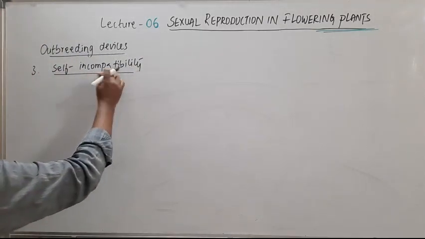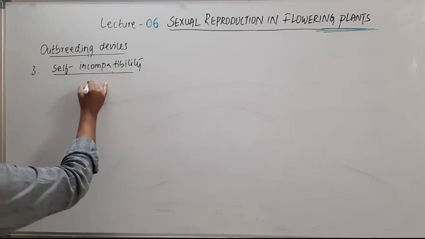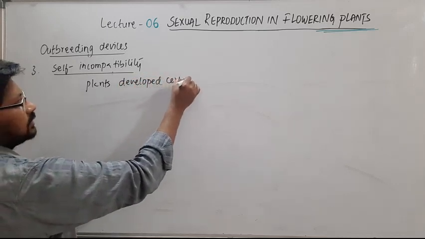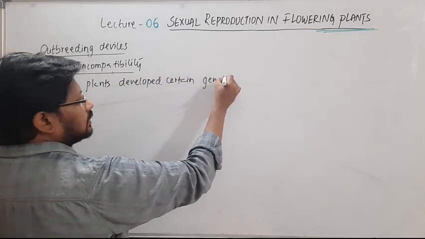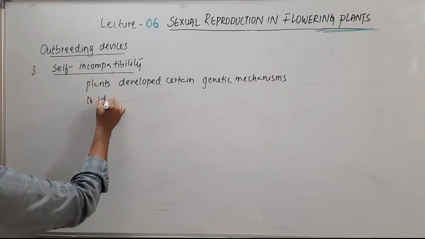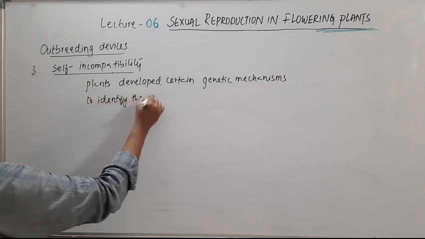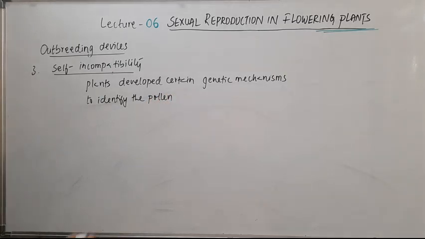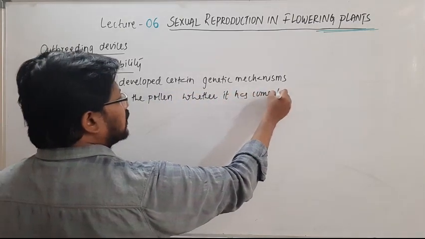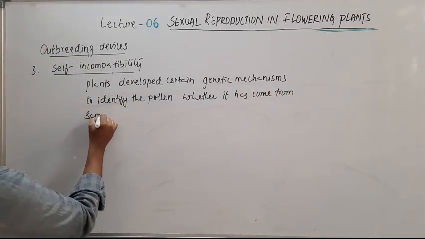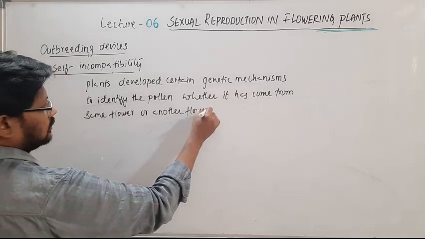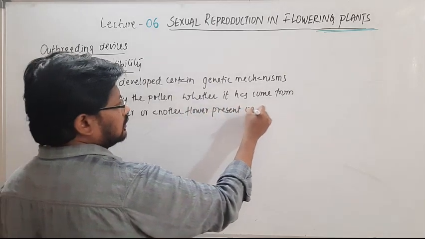So self-incompatibility means plants develop certain genetic mechanisms to identify the pollen, whether it has come from the same flower or another flower present on the same plant.